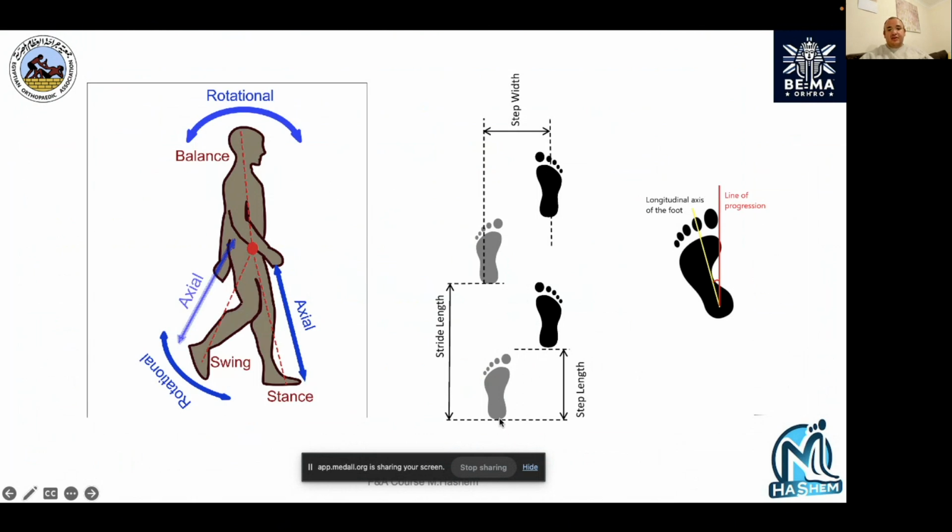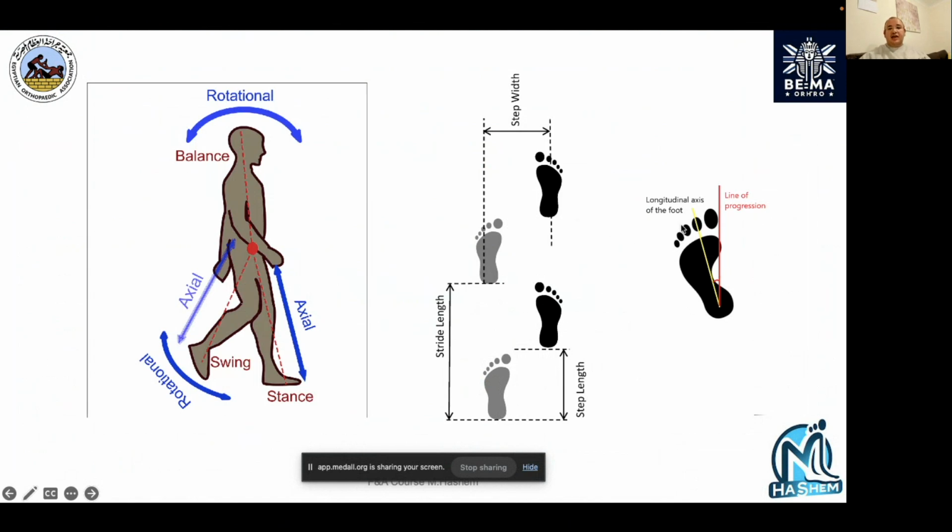But if we speak about the heel strike of one foot to the heel strike of the same foot, we speak about the stride length. So one step is from heel strike of one foot to heel strike of the other foot, and one stride is from heel strike of one foot to the next heel strike of the same foot. Then you have the cadence, which is the rate of your gait.